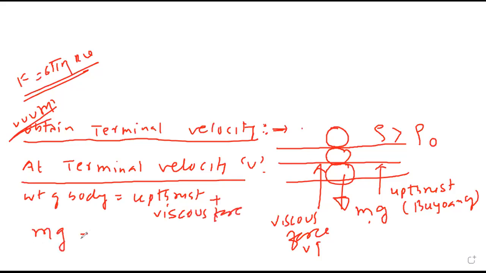So weight means mg, upthrust is buoyancy, which is density of liquid times volume of solid immersed times g, and viscous force is 6 pi radius eta v. Any doubt till this first? Just draw this rough diagram and write only this much, then I'm proving it.